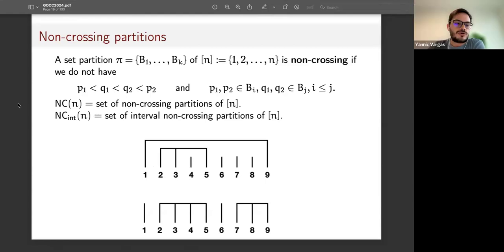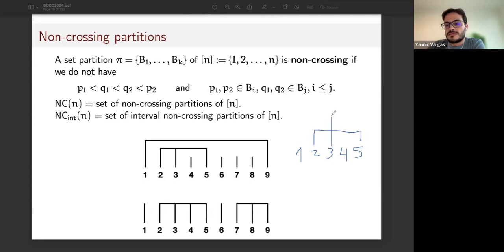This condition here. So let me maybe make a picture. So this, for example, is a crossing partition. So if I have something like that, let's say this block, I have two blocks, the block 1, 3 and the block 2, 5, for which there are two elements, 1 and 3, and two elements, 2 and 5, which satisfy this condition. So this is P1, this is, oh, there's a typo here, I think.